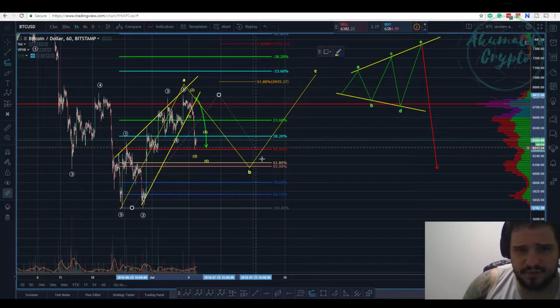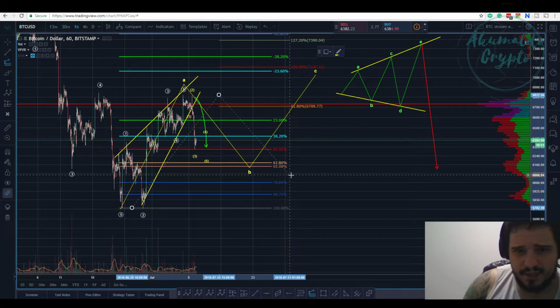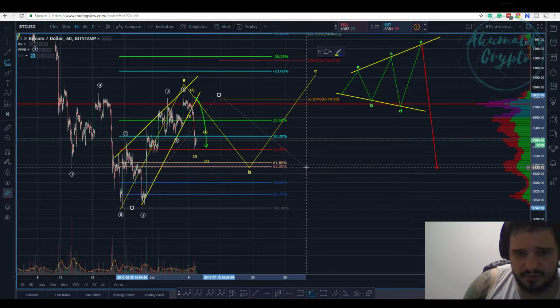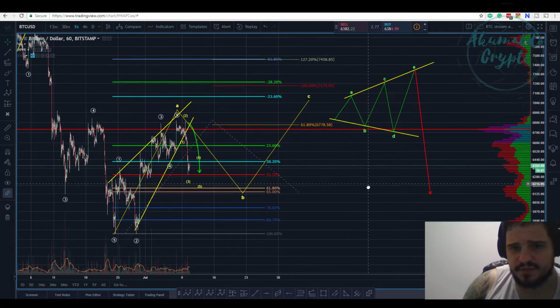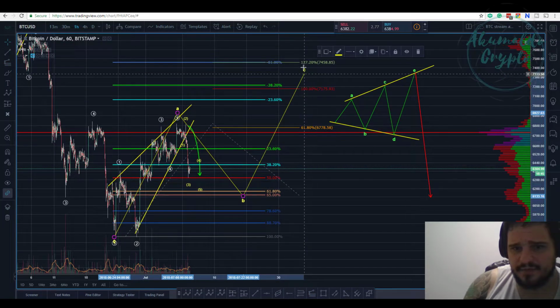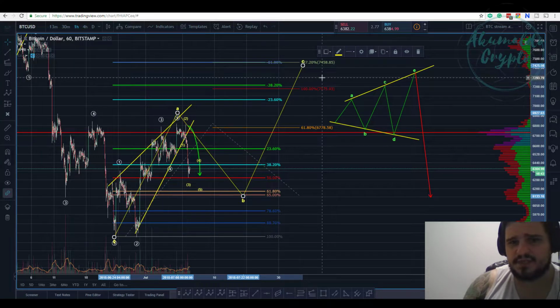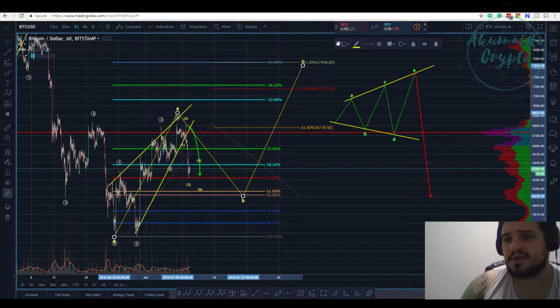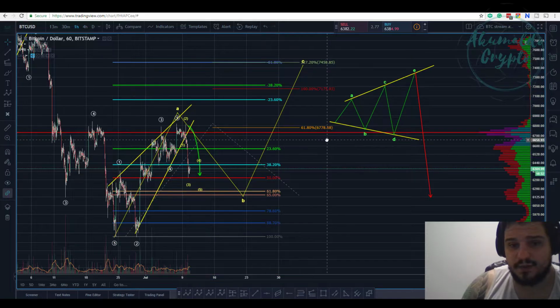So if we put here our wave B, if it goes to 65%, for instance, here we have it, 127%, 7,400. Yes, not bad at all. Okay, this is a good spot.